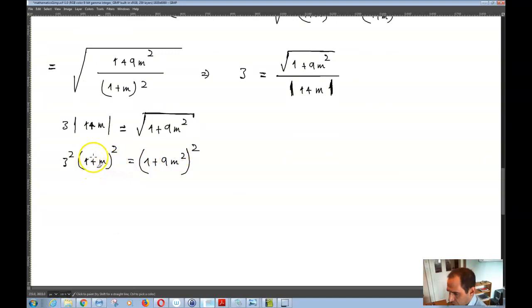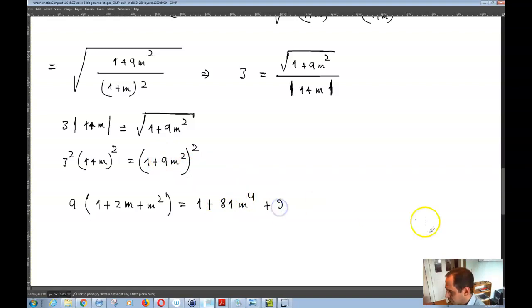And then what you can do is that now you need to do a little bit of simplification, meaning that 9 times 1 plus 2m plus m squared is equal to basically 1 plus 81m raised to the power 4, plus 2 times, which is basically 2ab, which is basically 18 times m raised to the power 2.